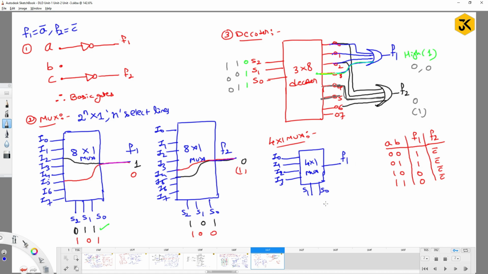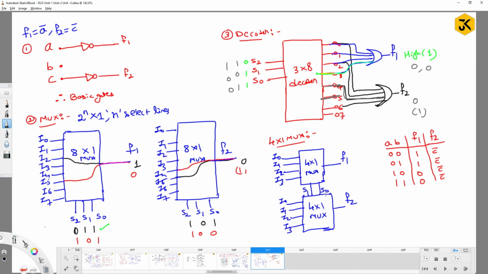For every function you have to write a separate function, so I am going to take one more MUX and connect it to the same select lines in order to reduce the usage of wires. I am going to have a 4/1 MUX that produces the output F2, and you are going to have the inputs I0, I1, I2 and I3.